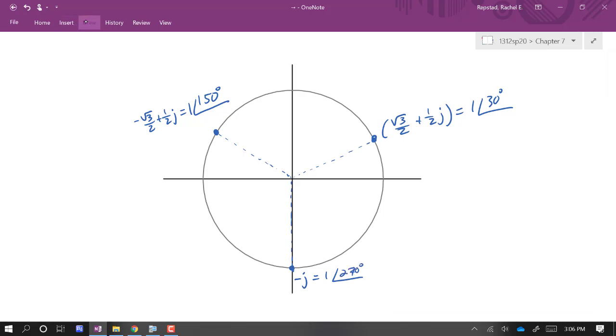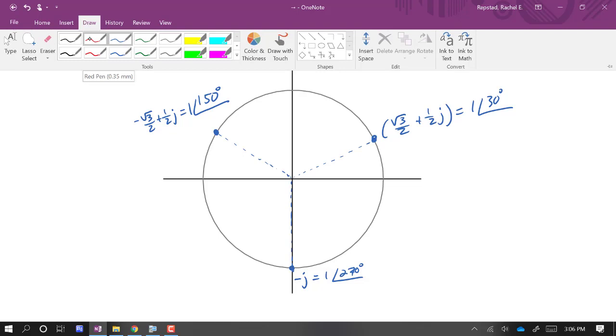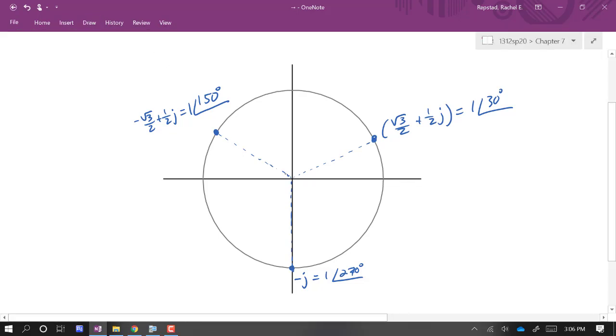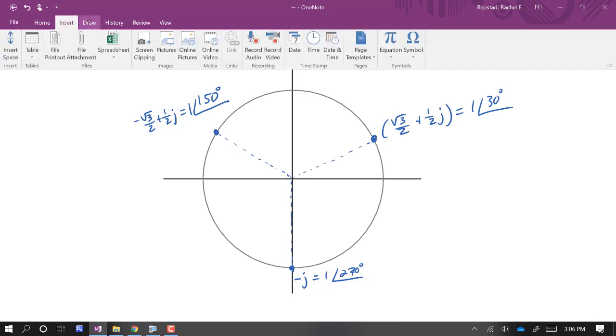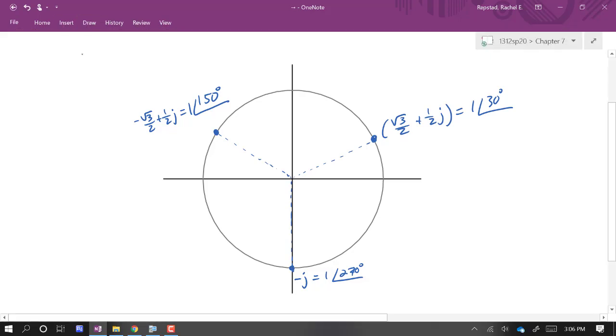And so they're sort of equally spaced around. It looks kind of like a flux capacitor, but these are the 3 cube roots of j.